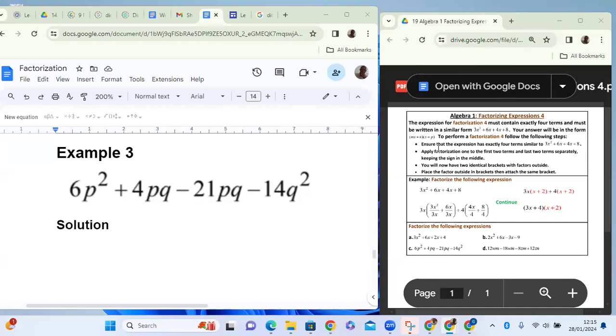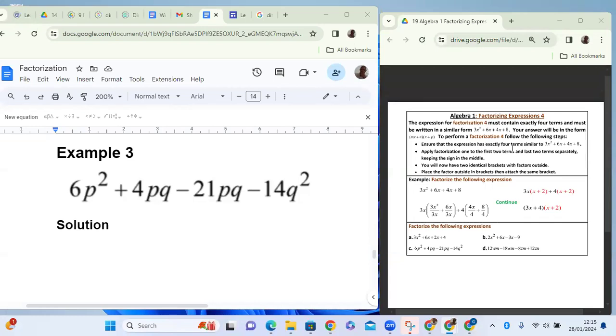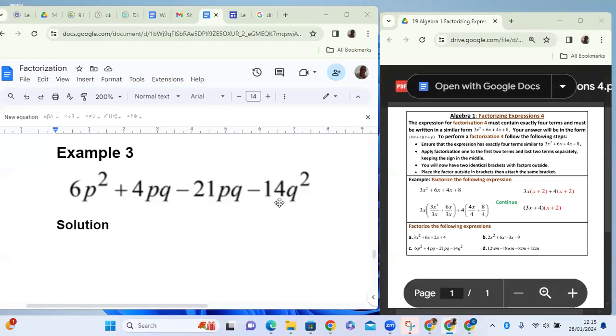So here it says, ensure that the expression has exactly 4 terms similar to this one. 100% of the time you will see a square. So it's like a type of quadratic. 1, 2, 3, 4, exactly 4.